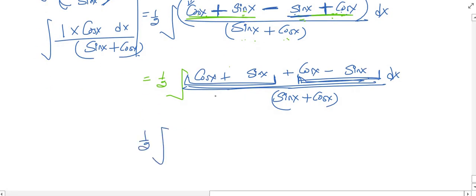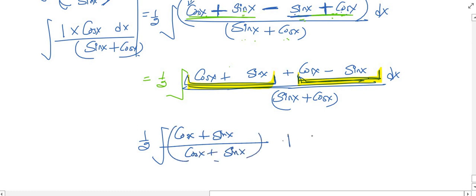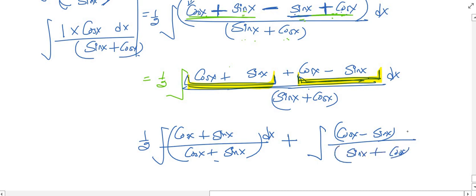So now I can separate it out. See, this separate and this separate, with the denominator. So I can write cos x plus sin x by cos x plus sin x, whatever was below, plus integration of this separate, plus cos x minus sin x by sin x plus cos x dx.